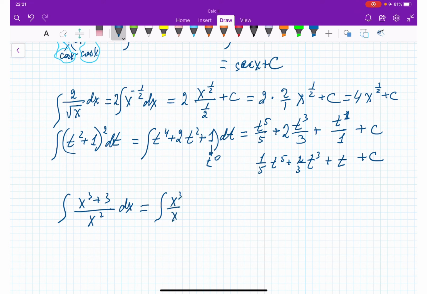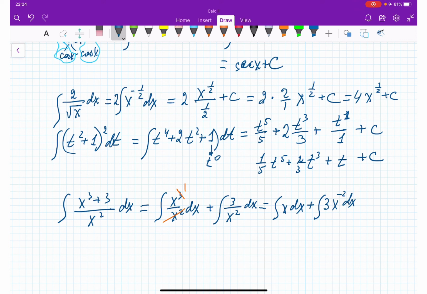Integral of x cubed over x squared dx plus integral of 3 over x squared dx, and that is going to be equal, this is gone, here will be 1, so that means integral x dx plus integral 3x to power negative 2 dx.